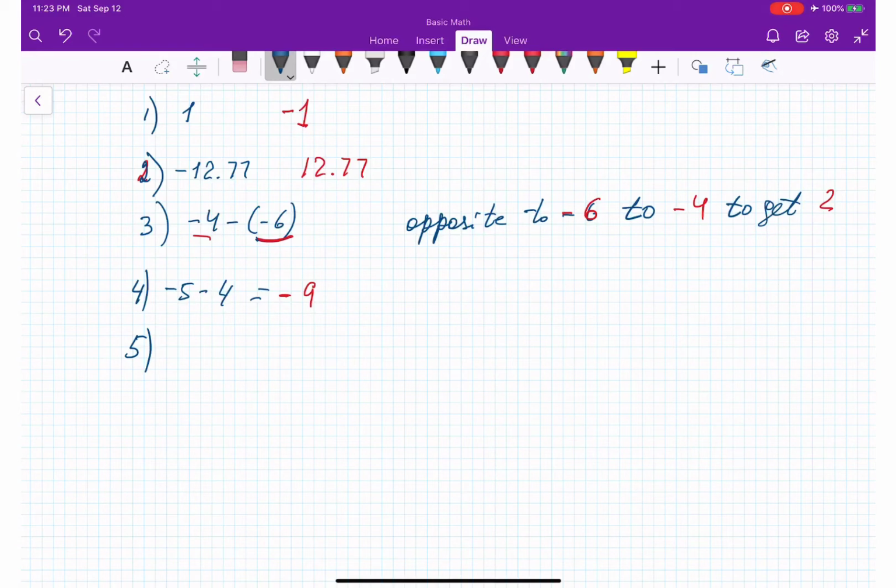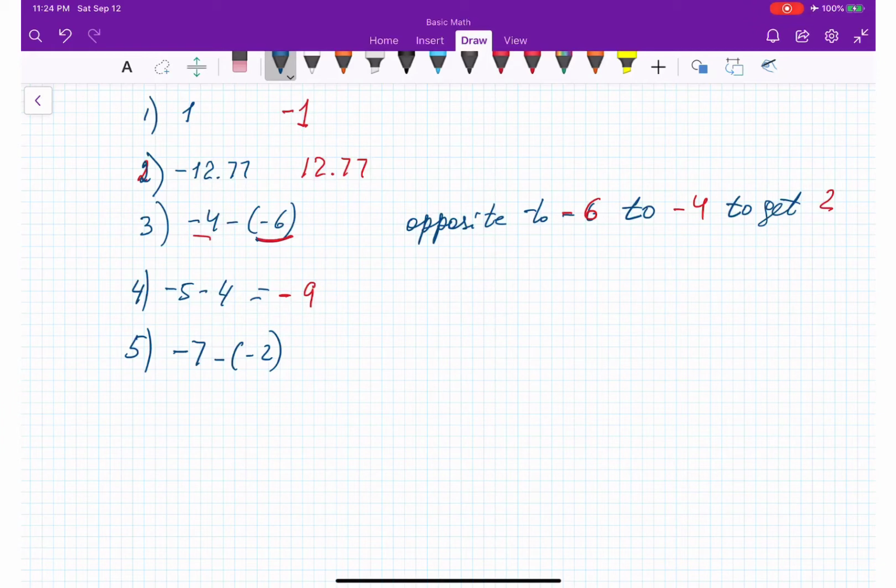Number 5. Explain in your own words how you would perform the necessary steps to find -7 minus -2.